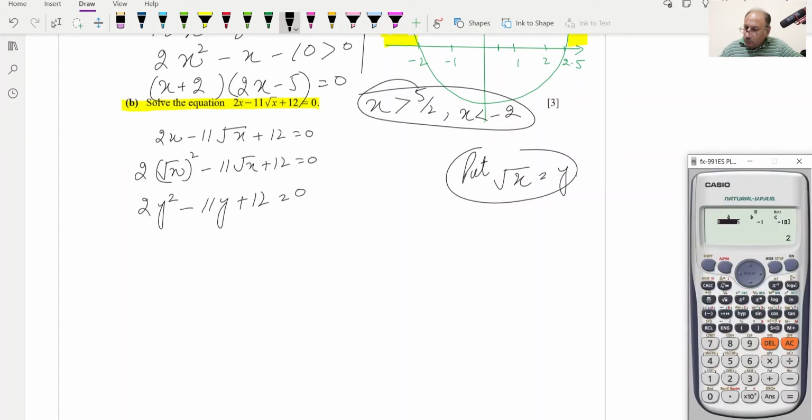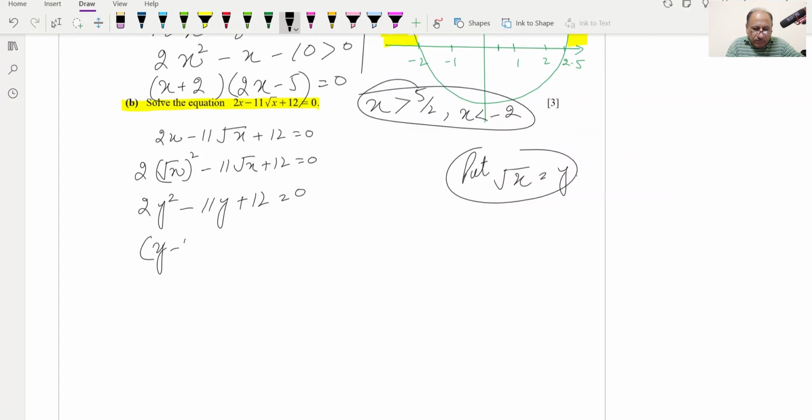So coefficient of y square will be 2, then coefficient of y is minus 11, and constant value is 12, and this will be giving us 4 and 3 by 2. So we can write y minus 4 and 2y minus 3 is equal to 0.